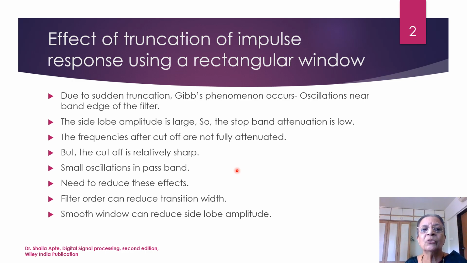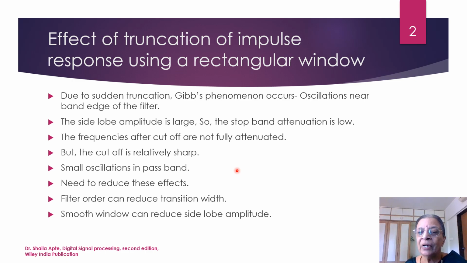So there is a need to truncate this impulse response between some minus q to plus q, and we have to select this minus q and plus q in such a fashion that the energy of the coefficients above q and the energy of the coefficients below minus q is very, very small and can be negligible. And then this truncation can be justified.